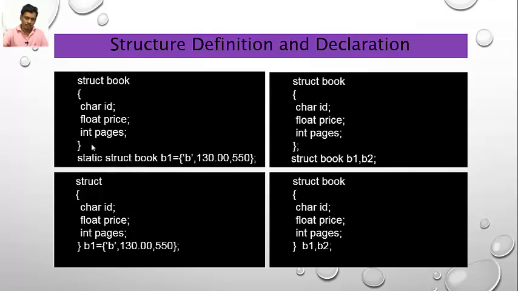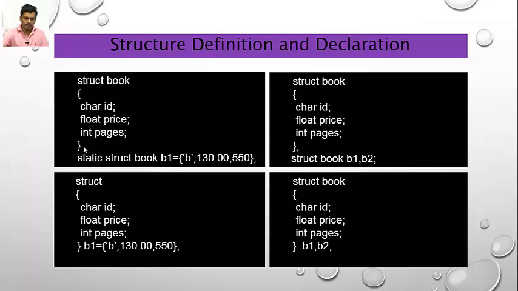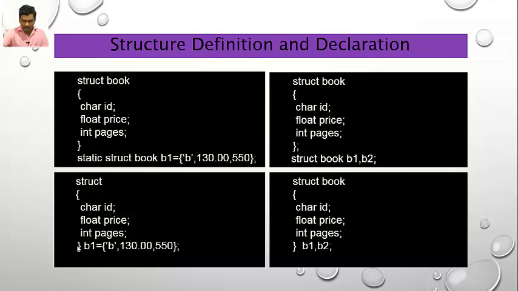We can also write like this: struct, but here the book name is not there; the name is missing. Here just the keyword is there. Struct, we remove book. Character id, float price, integer pages, and before the semicolon, after the closing brace and before the semicolon, we can assign the value.